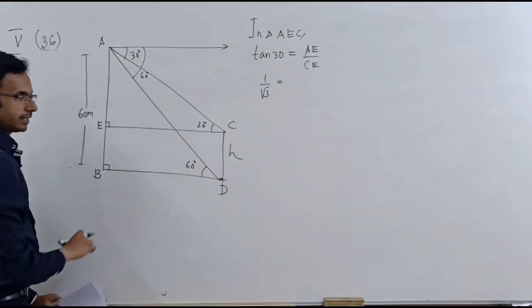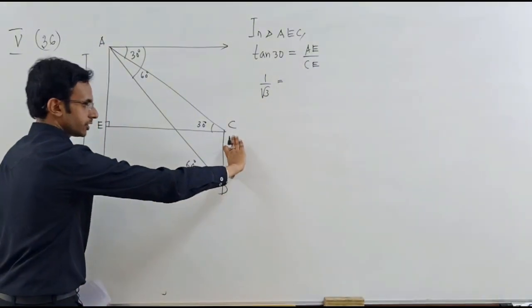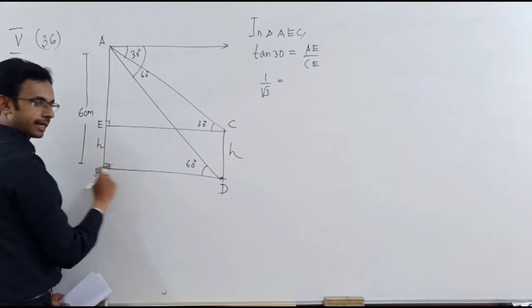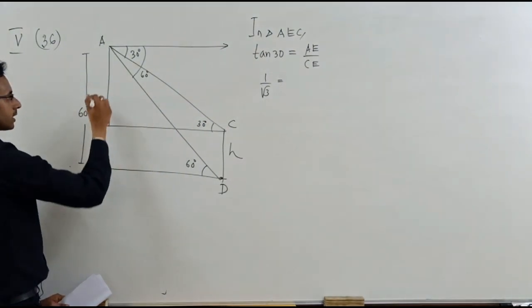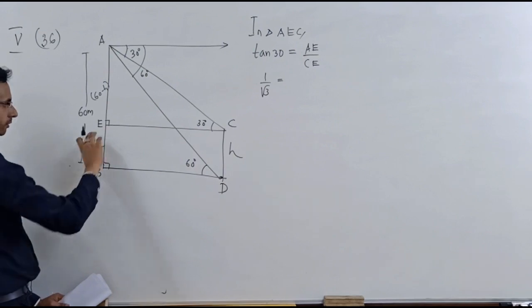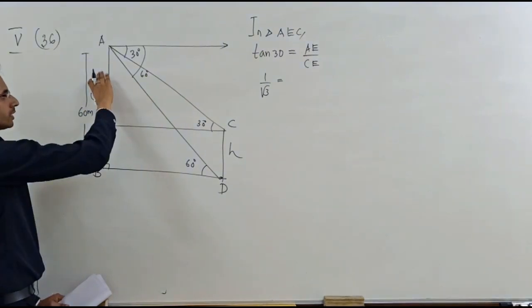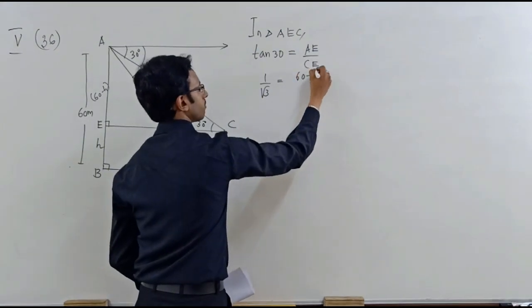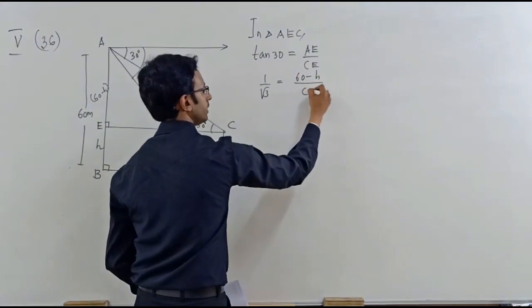AE value, how do we judge this? Since this is given as h, the same thing here also has to be h, since this is a rectangle. So if this is h, this has to be 60 minus h. The complete length is 60. From that you subtract this h, so this will give you 60 minus h. So AE is 60 minus h, divided by CE.